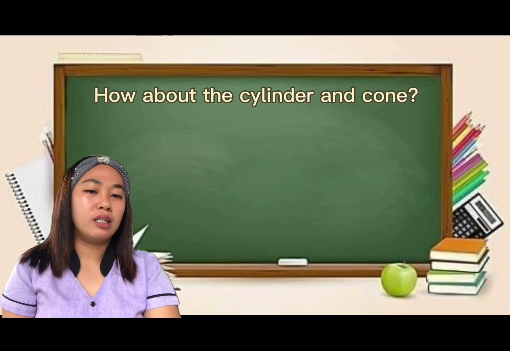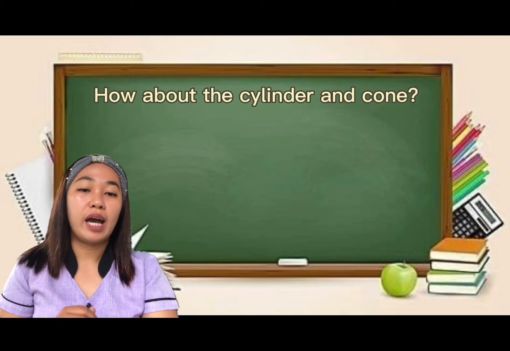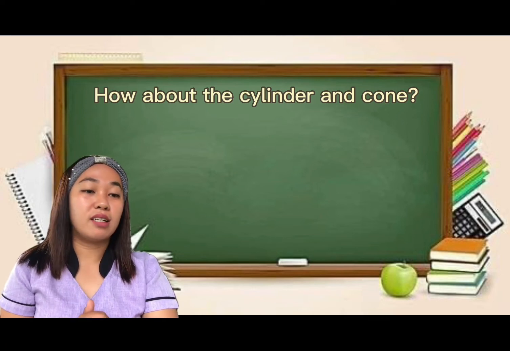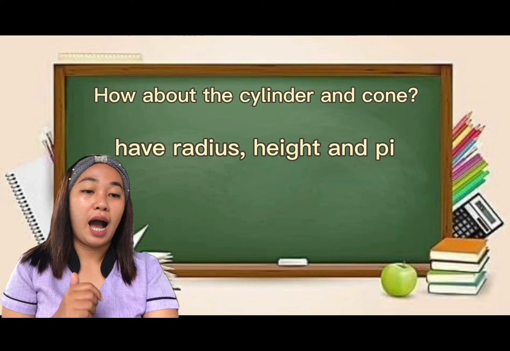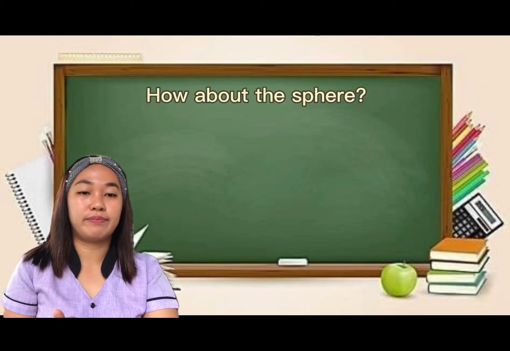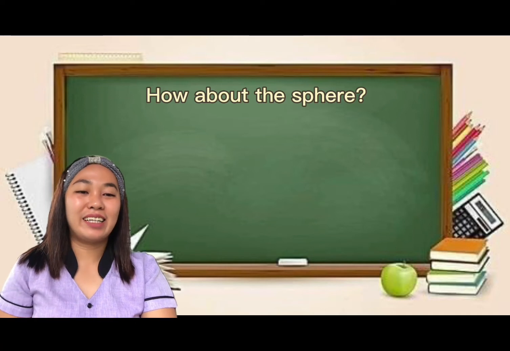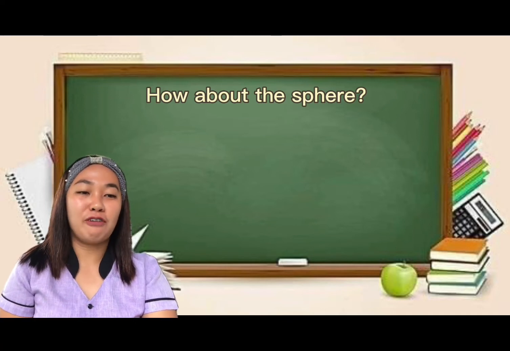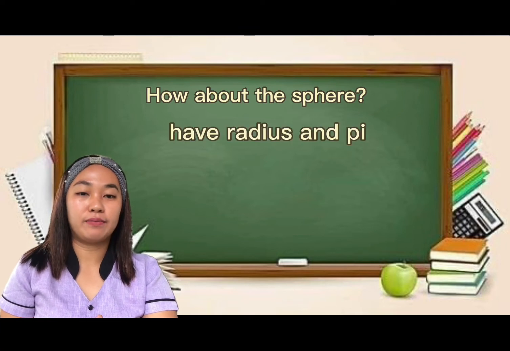How about the cylinder and cone? Yes, Kuya Kyle? Very good. The cone and cylinder have radius, height, and pi. How about the sphere? Yes, Ate Laika? That's right. The sphere has radius and pi.